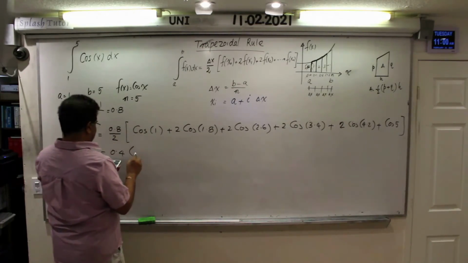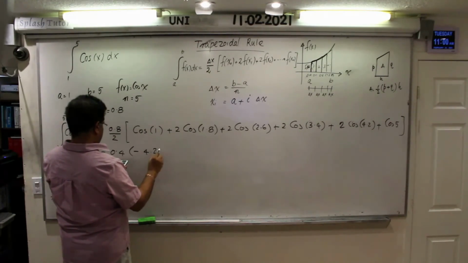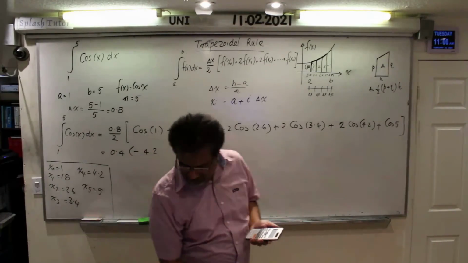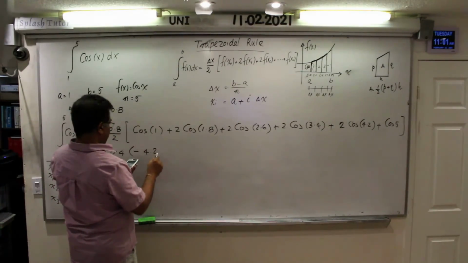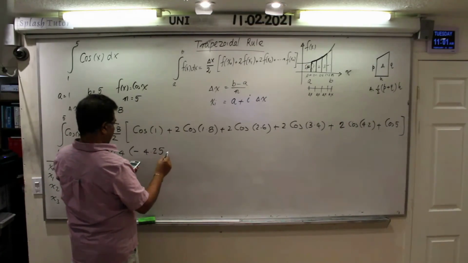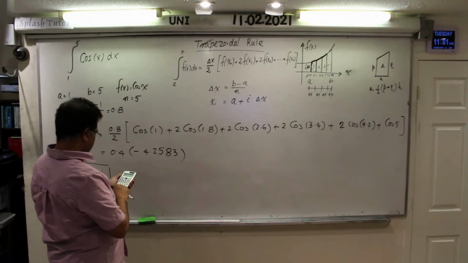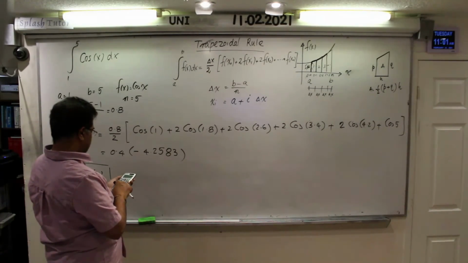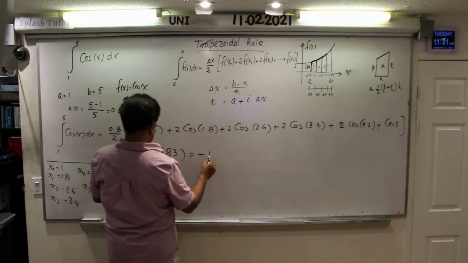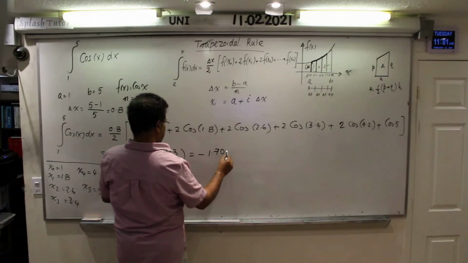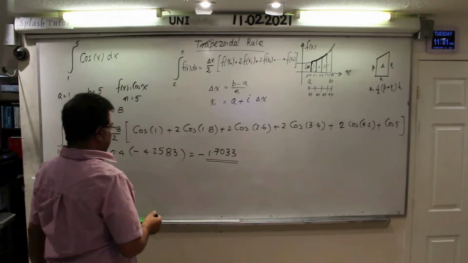Four decimals. Times 0.4 is equal to minus 1.7033. Now, okay, why is it minus?